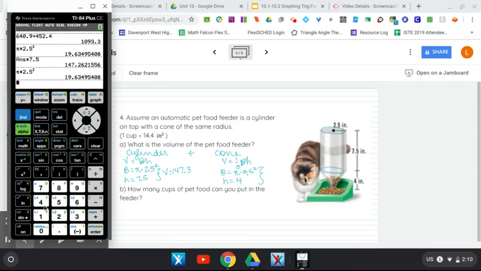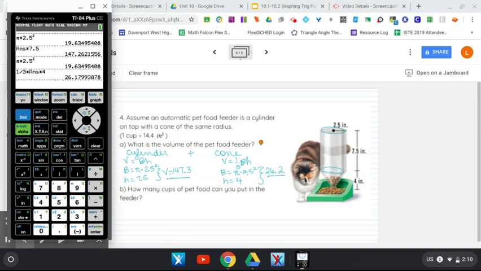Then I'm going to take that value. So I'm going to do 1/3 times, I'm going to hit second answer. So it copies what was in my calculator before. And then times 4. And it gives me the volume here to be 26.2.